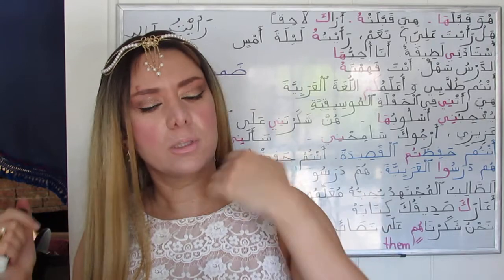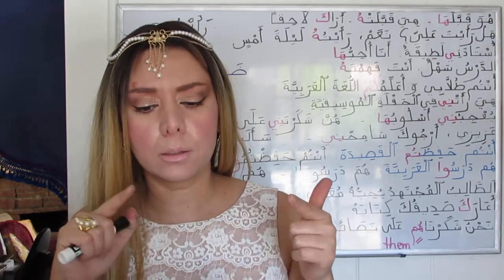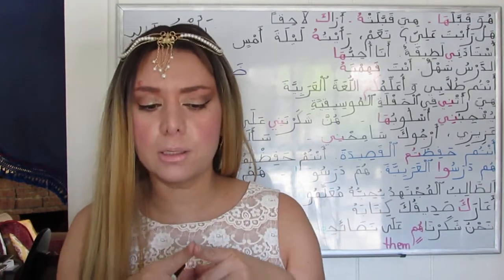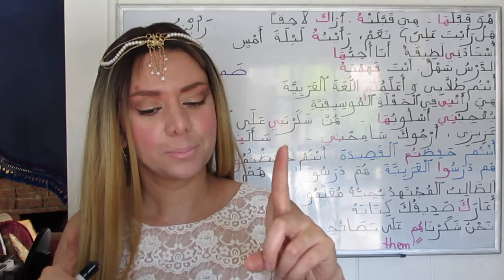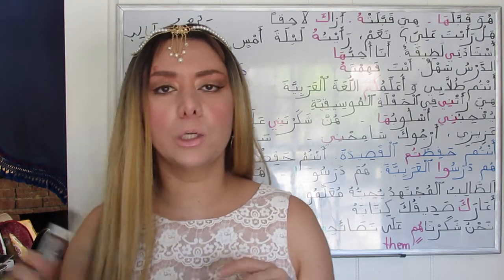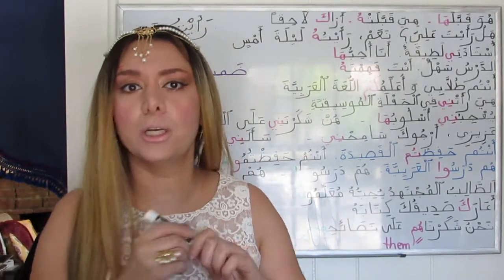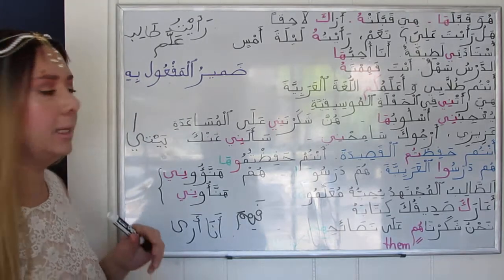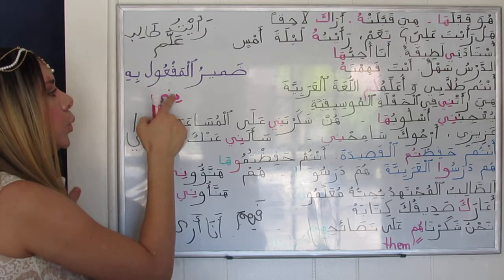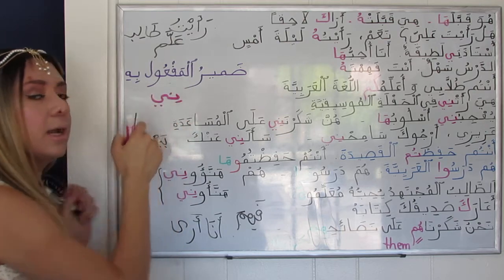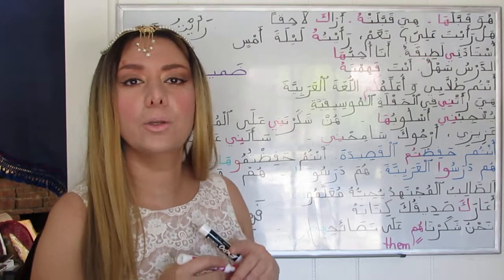So these possessive pronoun suffixes and direct object pronoun suffixes are identical, except one. The first person singular, the I: this ya is for the possessive pronoun. But for the object pronoun, we have ni, the noon with kasra and ya, not just the ya.